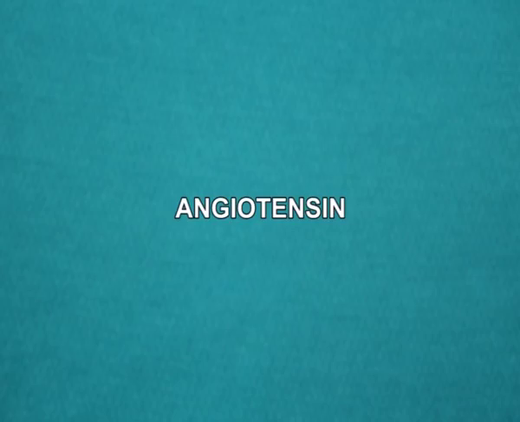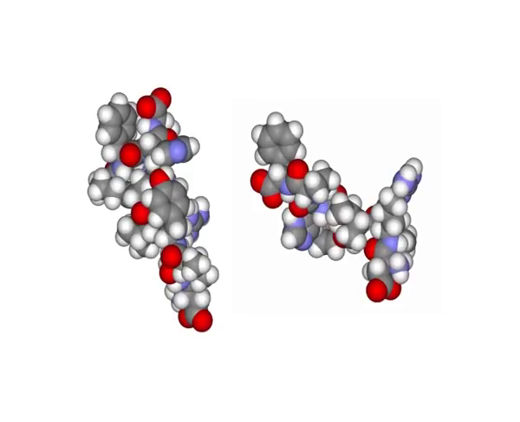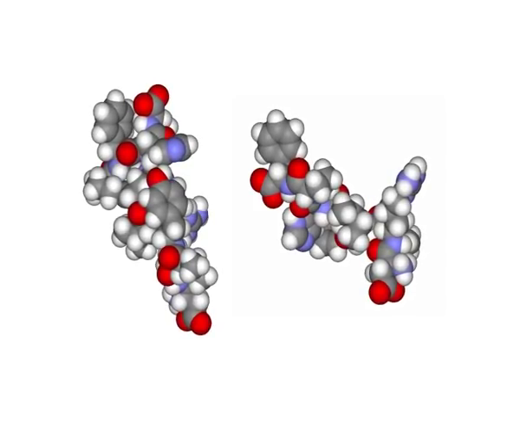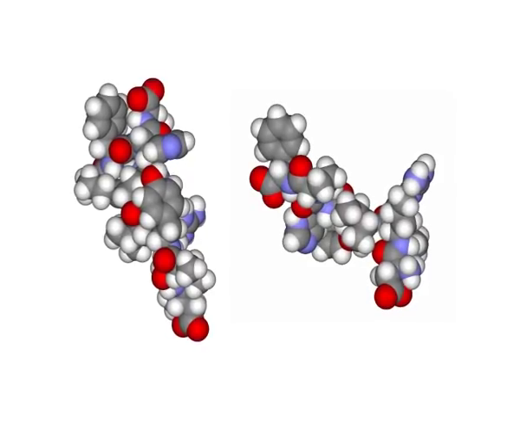Now we come to module 3, the category of autacoids. It may include angiotensin, pentagastrin, cholecystokinin, bradykinin and substance P. First we will discuss angiotensin. My dear friends, angiotensin is a peptide hormone that causes vasoconstriction and a subsequent increase in blood pressure.